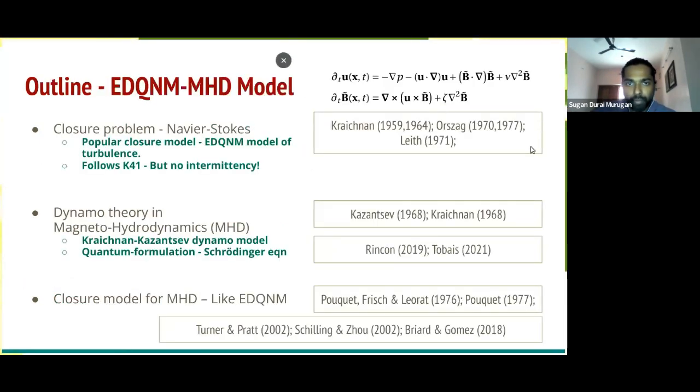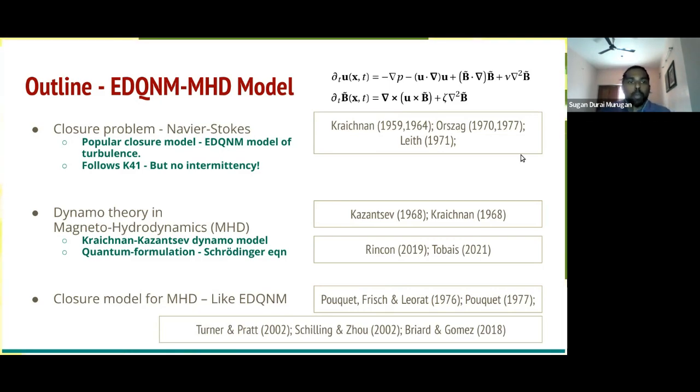So first, I'll just give a brief outline of the work that's going on. The EDQNM MHD model consists of 2 different parts. One part is the EDQNM, which stands for eddy damped quasi-normal Markovianization closure model for the Navier-Stokes equation.